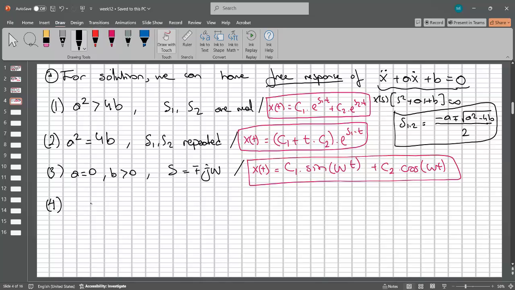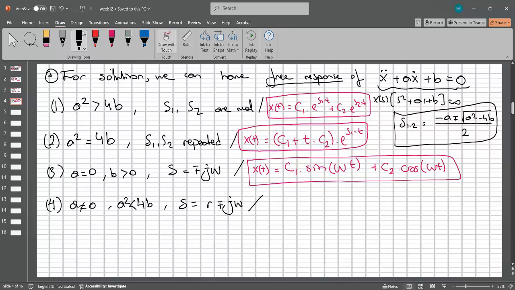Hajar, let's continue. A is not equal to 0 and A square smaller than 4B. What are the roots? Complex, but we have the real part and the imaginary part. And so we have R plus minus jW.